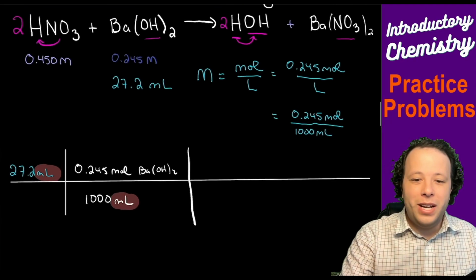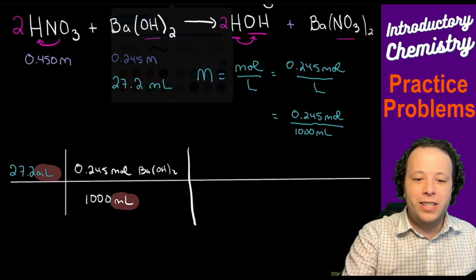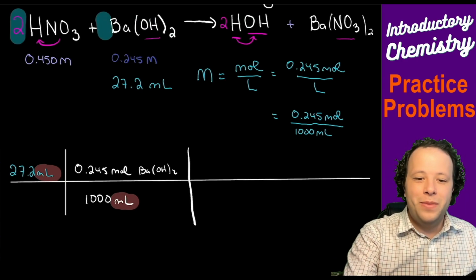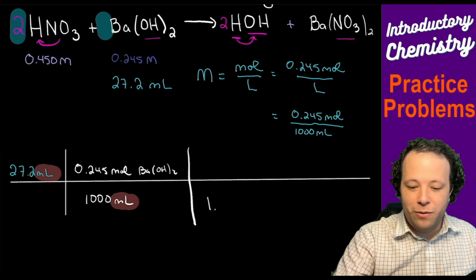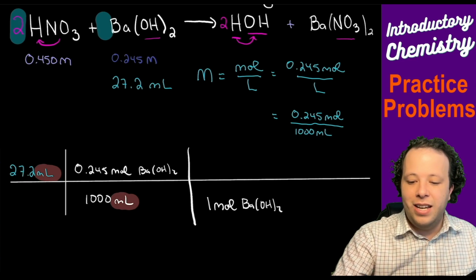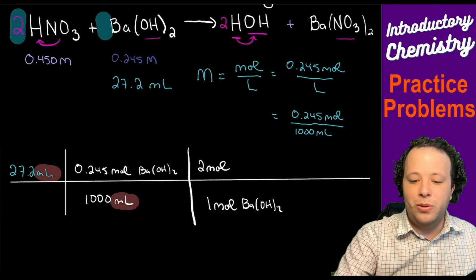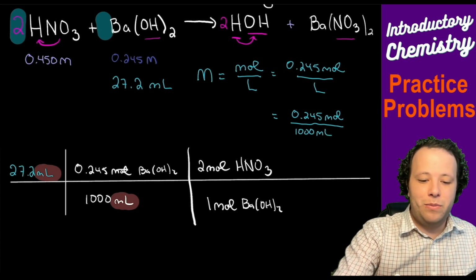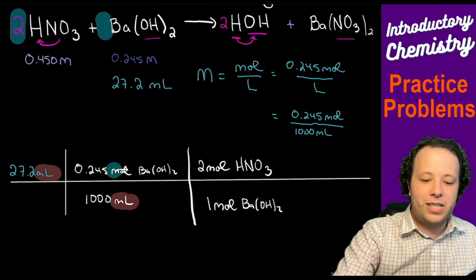Now, why did we have to balance the chemical equation earlier? Well, that was so that we can know the mole to mole ratio. So our next step is that we'll have 1 mole of barium hydroxide, and that's equivalent to 2 moles of nitric acid based on our chemical equation. So that cancels moles of barium hydroxide.